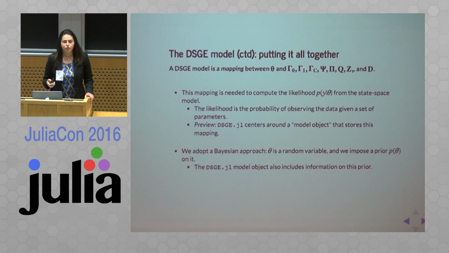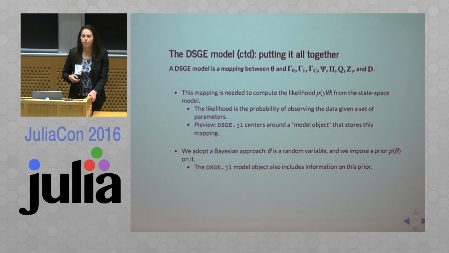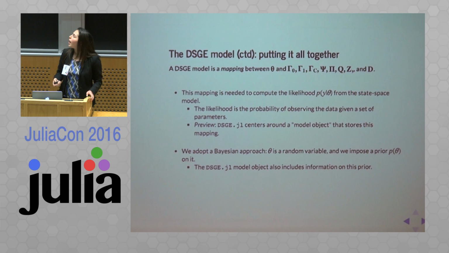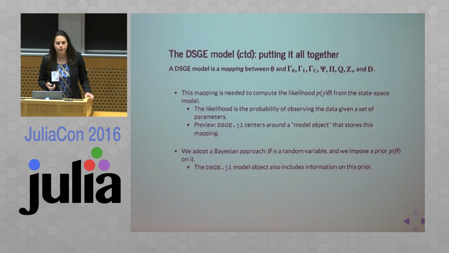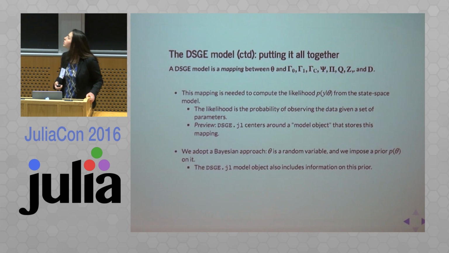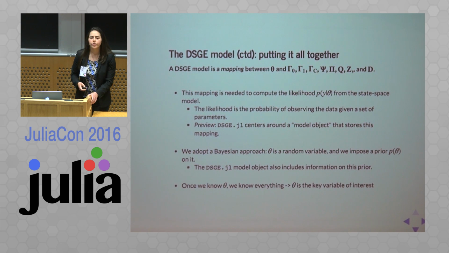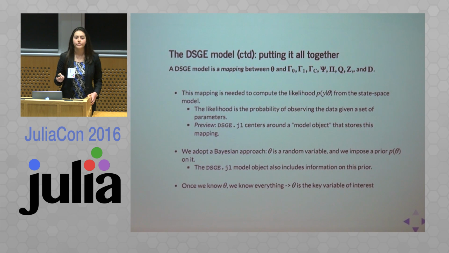We also adopt a Bayesian approach to the model. That means we think of theta as a random variable, and we can impose a prior on it, and of course we do. So the model object in DSGE.jl also has to incorporate information about this prior. And notice that once we know what theta is, we kind of have everything else.